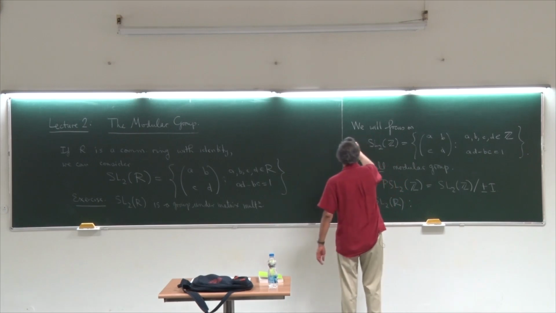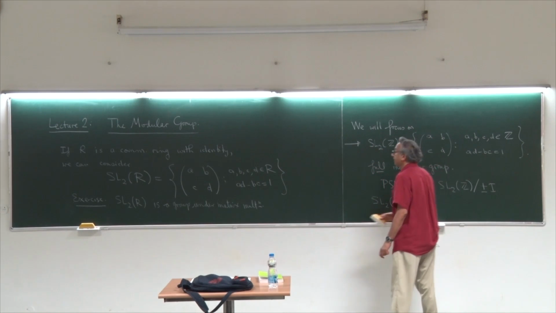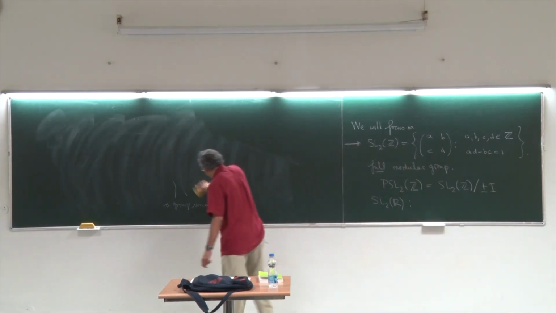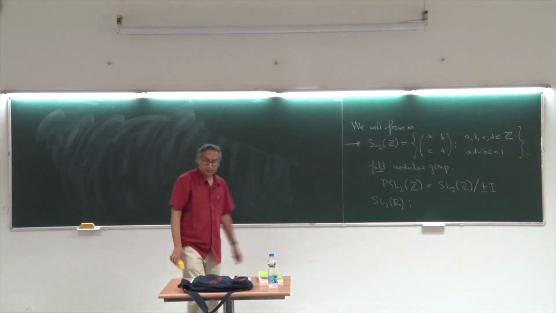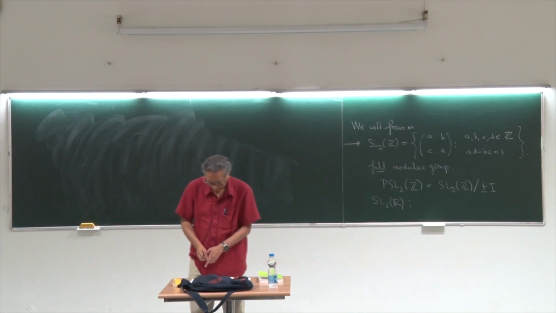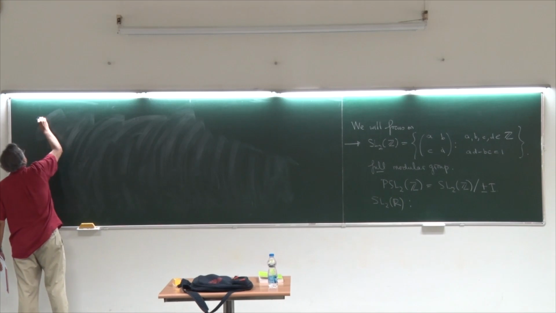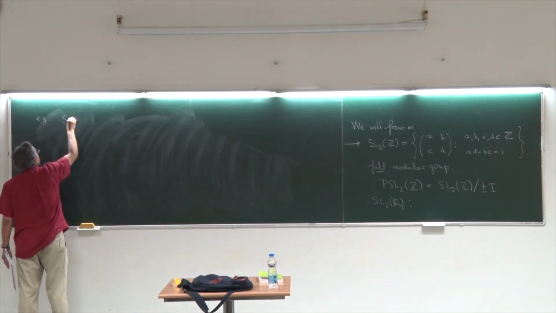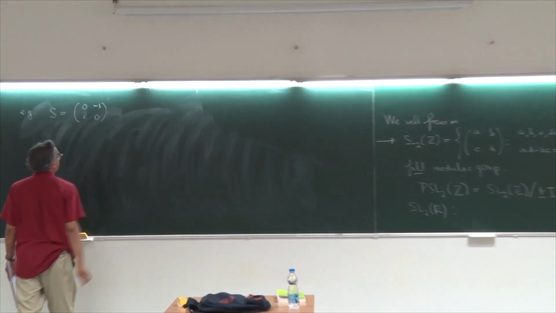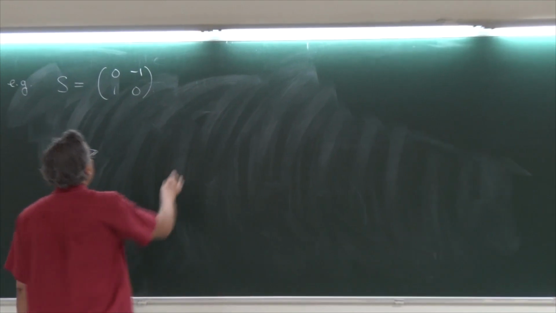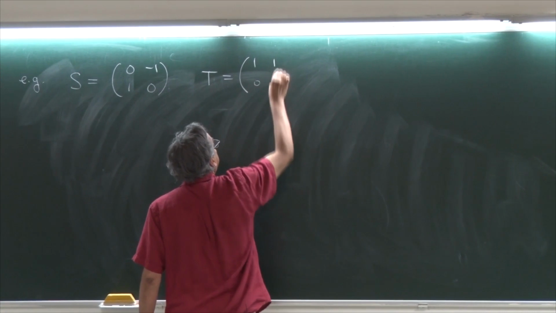And now I'd like to focus our attention on this particular group and its properties and its various subgroups. So typical elements inside this group are these two elements S and T. For example, S equals 0, minus 1, 1, 0 is an element in SL2Z, and T, which I use for translation, 1, 1, 0, 1.